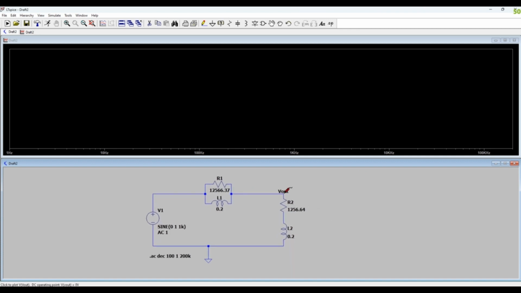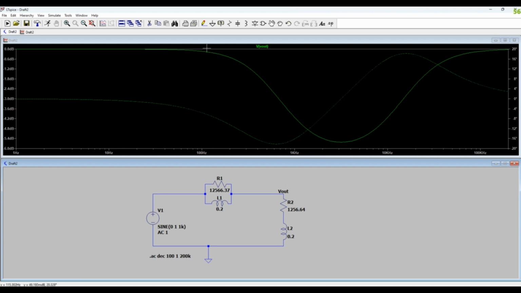Click at the V output. So we get actually not 100% the same as the question given, but we can see it is a band stop filter. This is the low pass filter and this is the high pass filter.